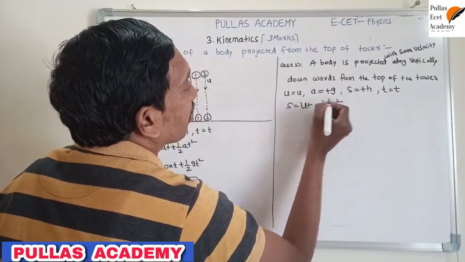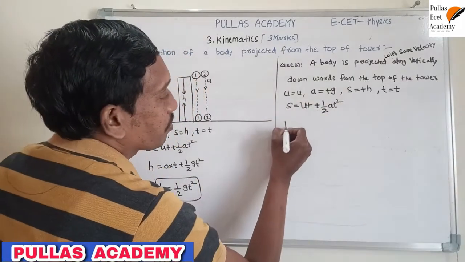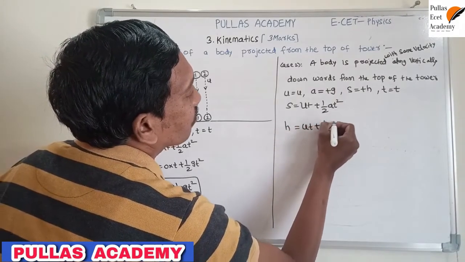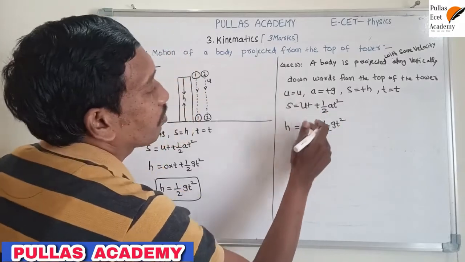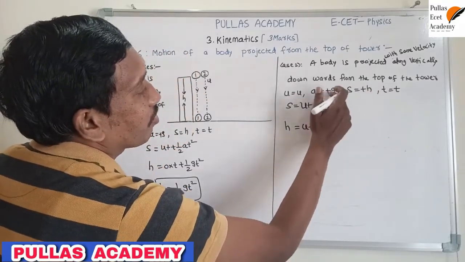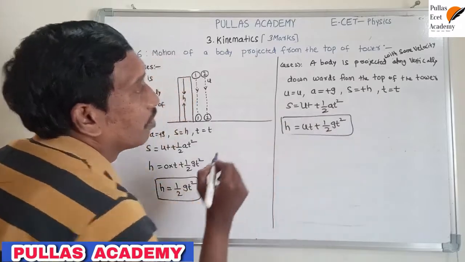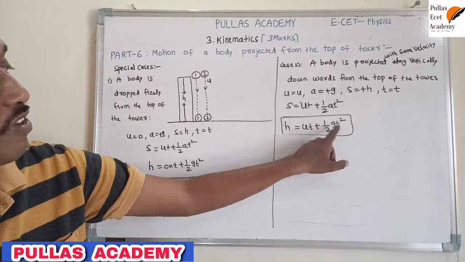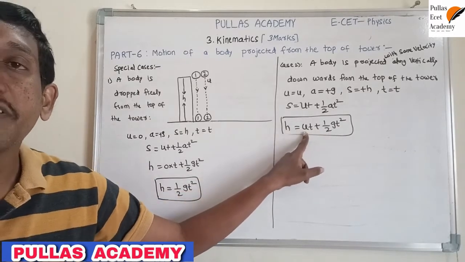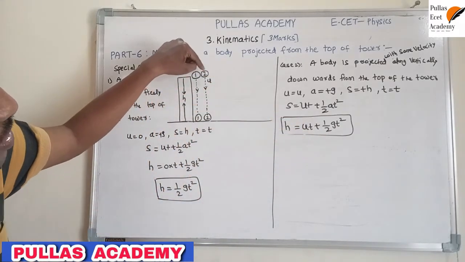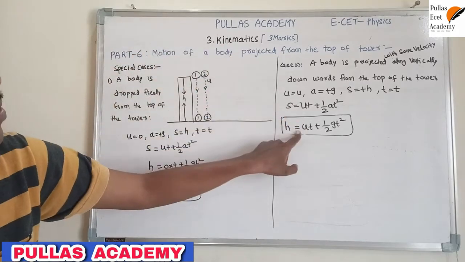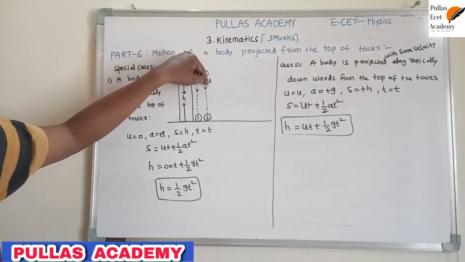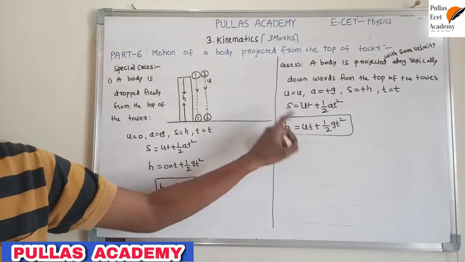Substituting s is equal to h, u is equal to u, a is equal to plus g, we get h is equal to ut plus half g t square. In the first equation it was minus ut plus half g t square, but here plus ut plus half g t square. When the body is projected vertically upwards, it is minus ut. When the body is projected vertically downwards with velocity from the top of the tower, take the positive sign.